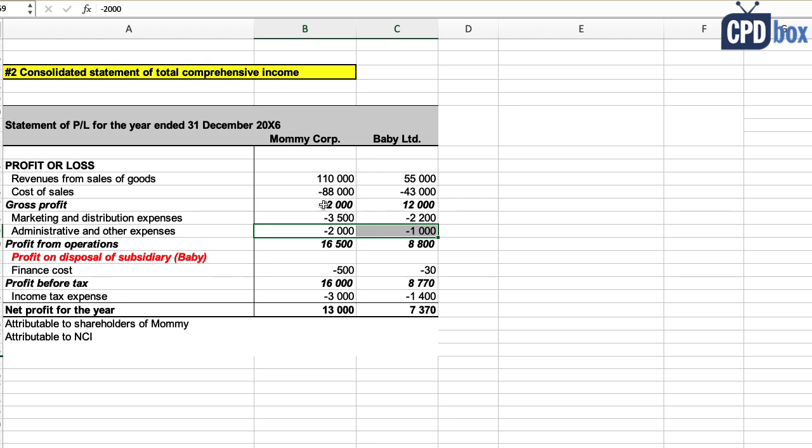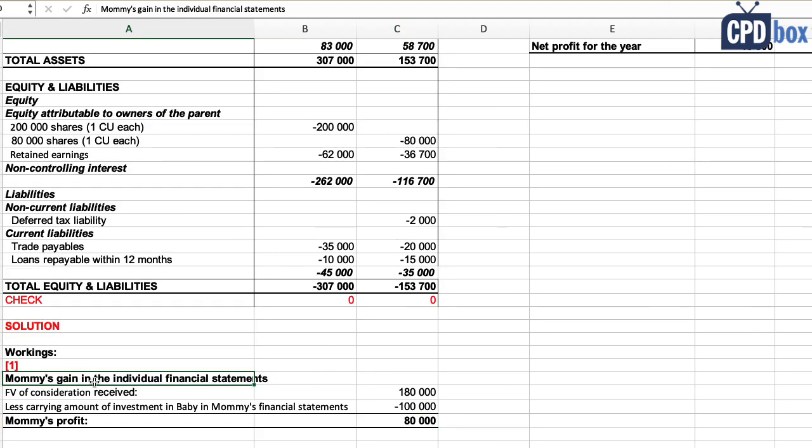And on top of it, you also need to calculate group's gain or loss on disposal of subsidiary in the consolidated financial statements. Well, hang on a minute. Isn't it the same as we calculated before, this 80,000? No, it's not. Here, we calculated parent's gain in the separate or individual financial statements.